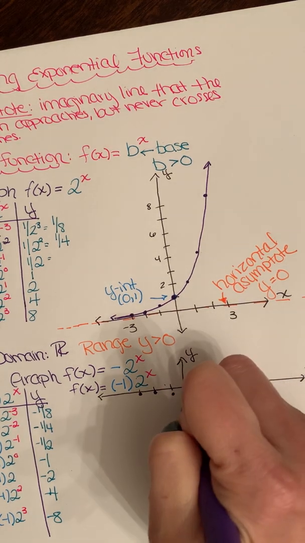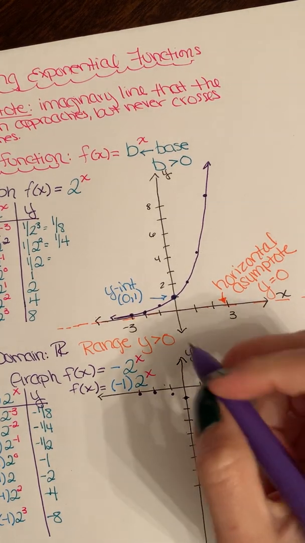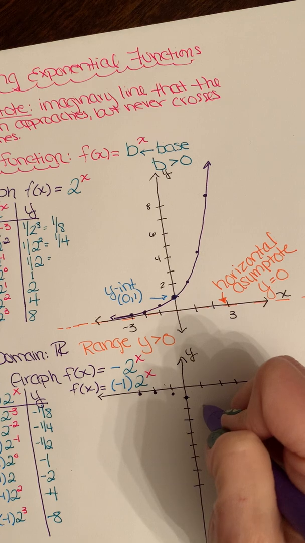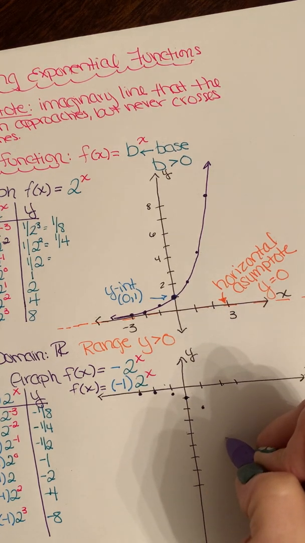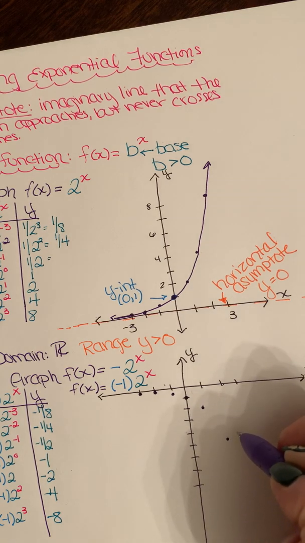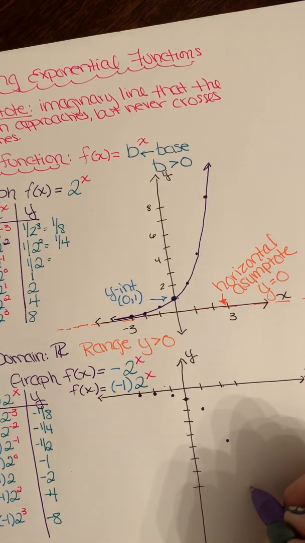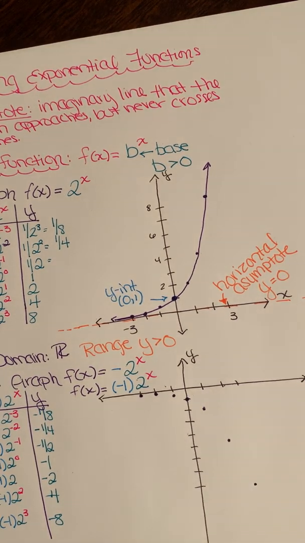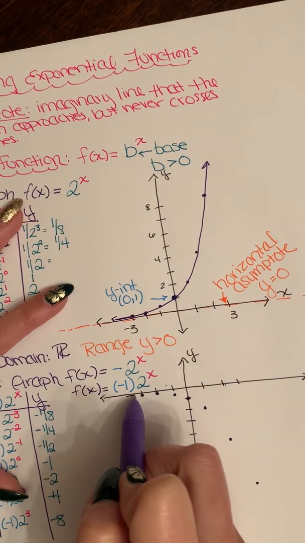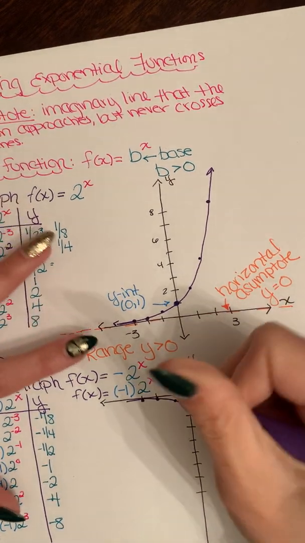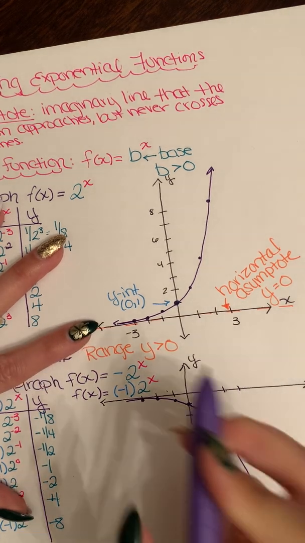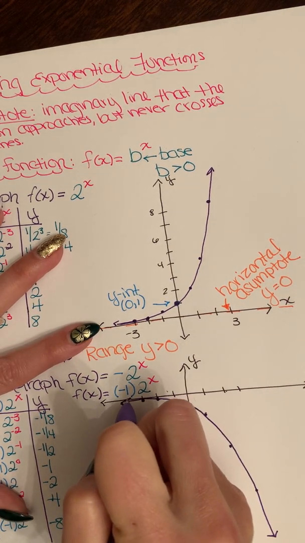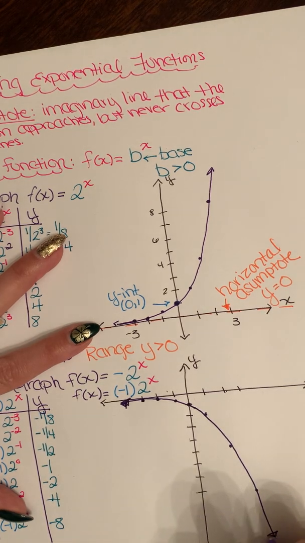And then 0, -1, and then 1, -2, 2, -4, and then 3, -8. And if I were to connect those, it would look like this. Okay?